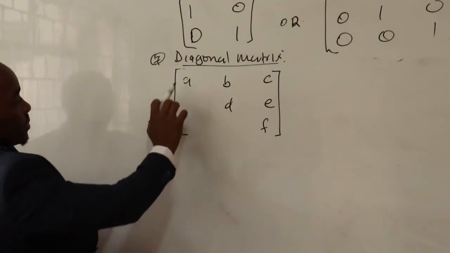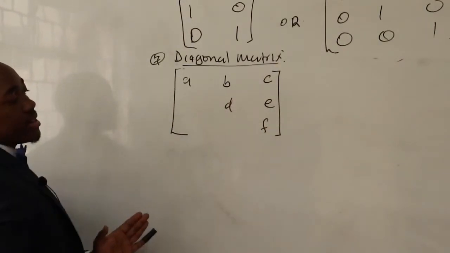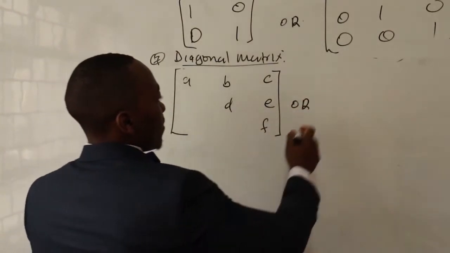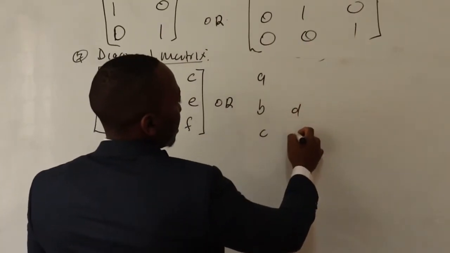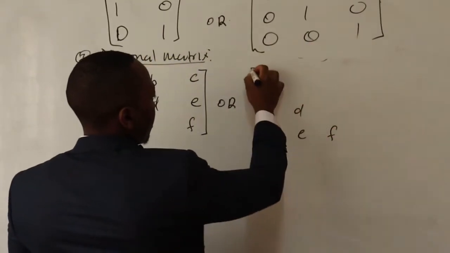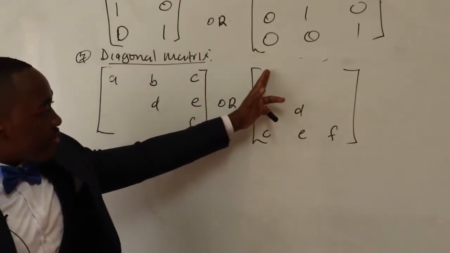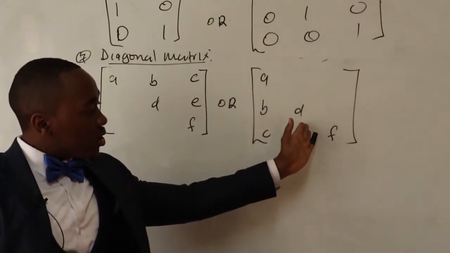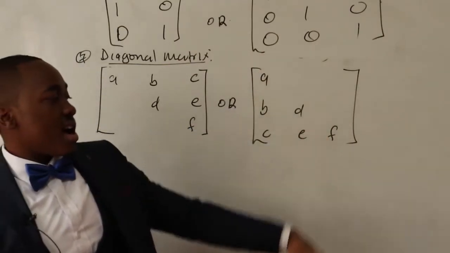You see in this case, the major diagonal elements are shown without the elements below them. Or we may have A, B, C, D, E, F, a matrix like that. In this case also, they form a diagonal, shown without the elements above them. It can either be below or above them.